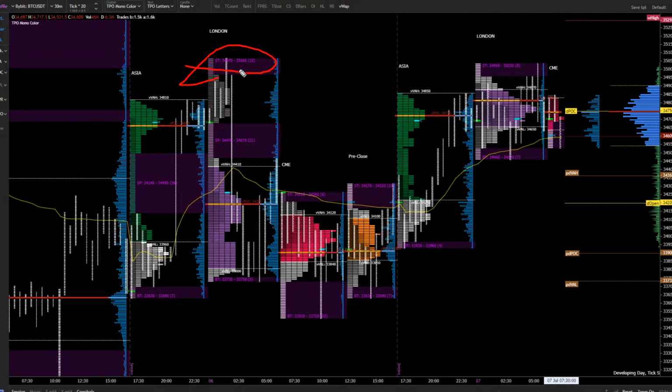They trapped a bunch of buyers, and then they just shorted it back down. They knew everyone in the Asia session was long, because market makers build their position and sell on the way up. Then they're unloading the rest of their position here, while retail traders are FOMOing in, buying at the top, and the London session's just selling it to them.